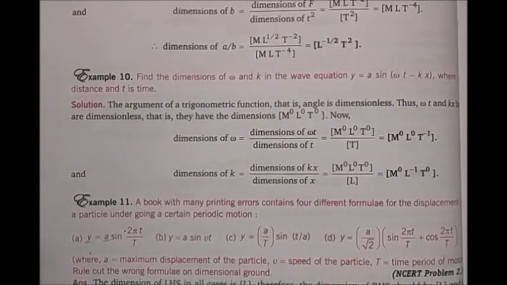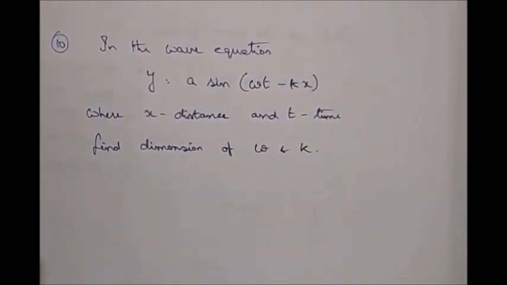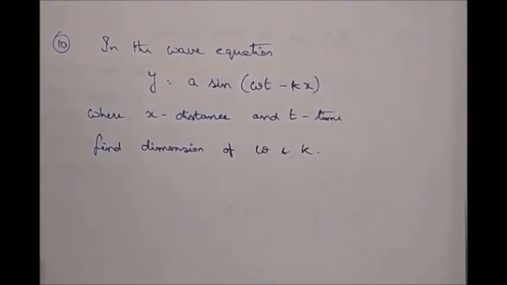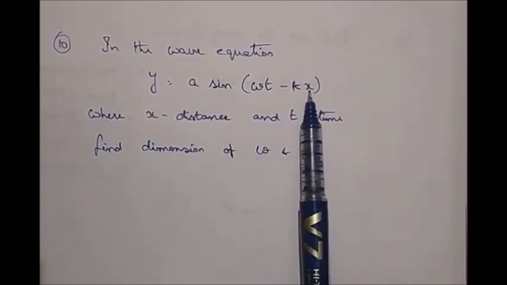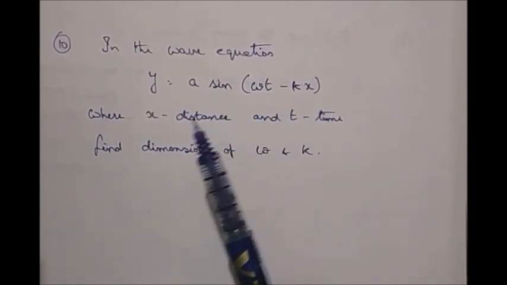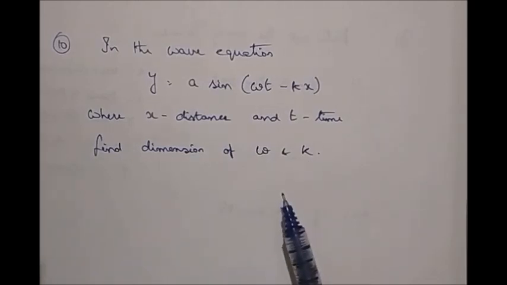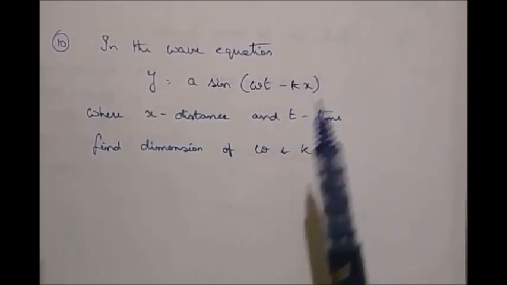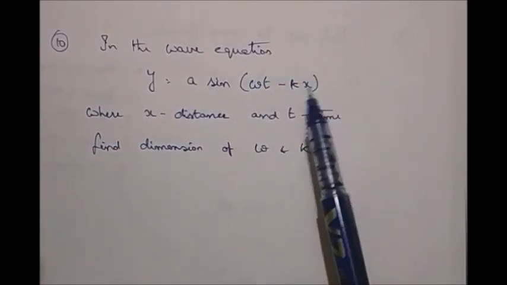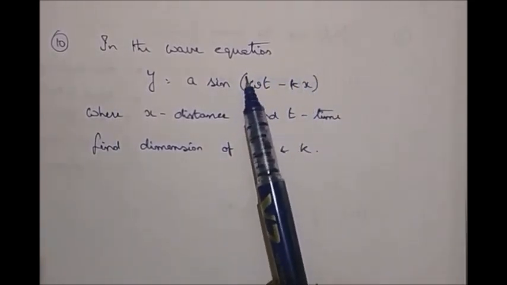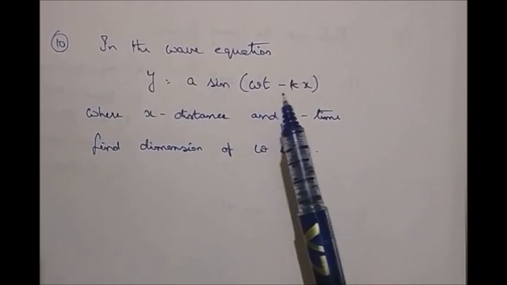So we'll try to solve this question. This equation is already written here. X is distance, as already given, and t is time. What we need to find out is omega and k. Remember one important thing: any quantity inside the sine bracket will be dimensionless.